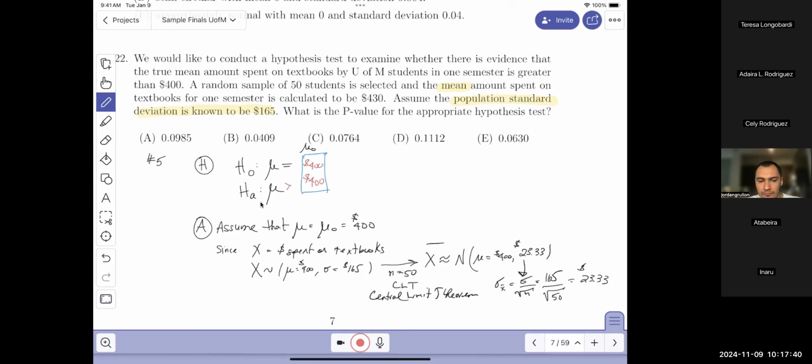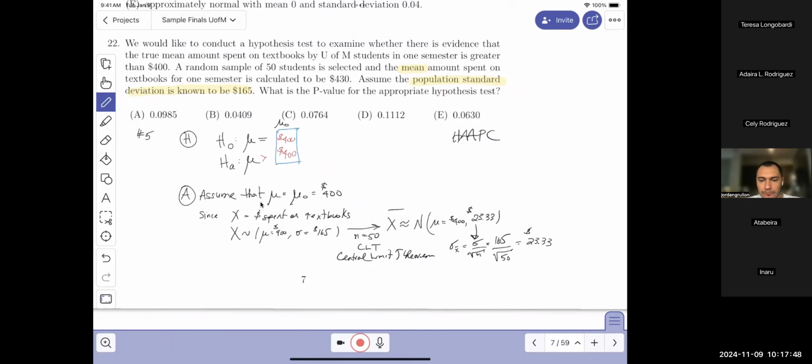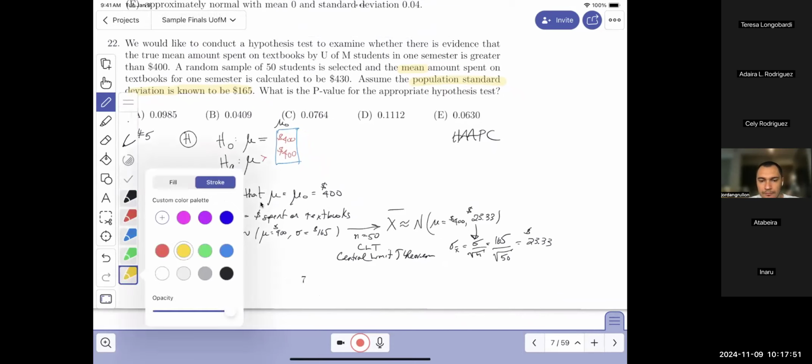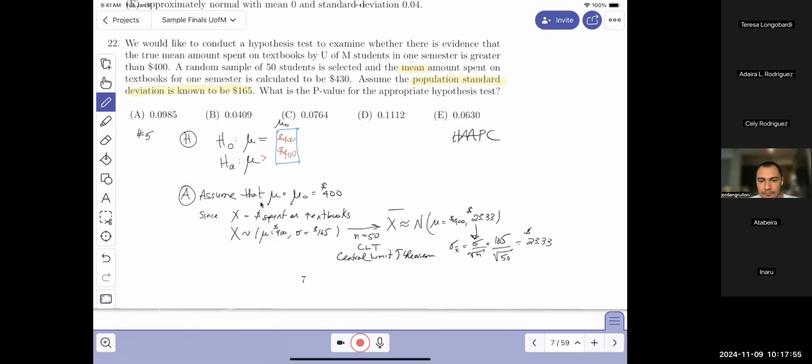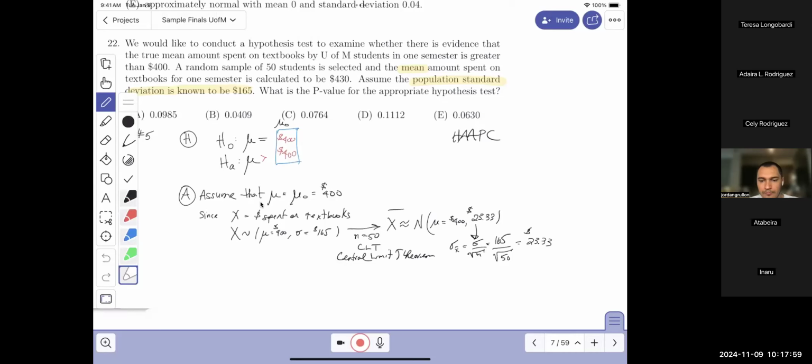Okay, so now the next step, so these are the steps of HAPC that I explained, is to assess the evidence. A for assess the evidence. What's the evidence?